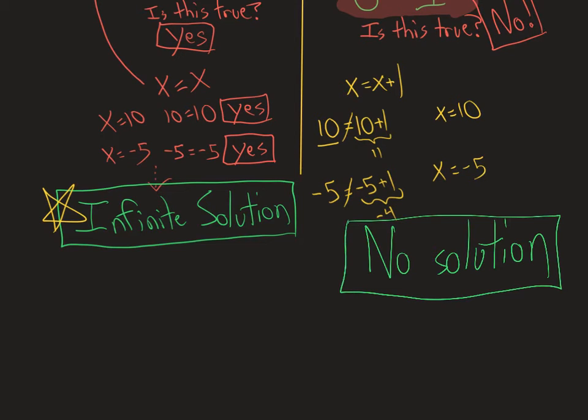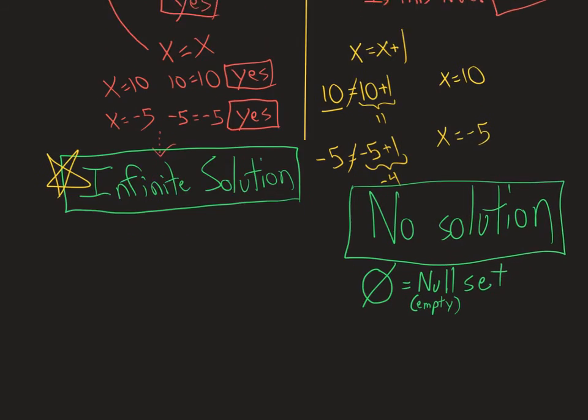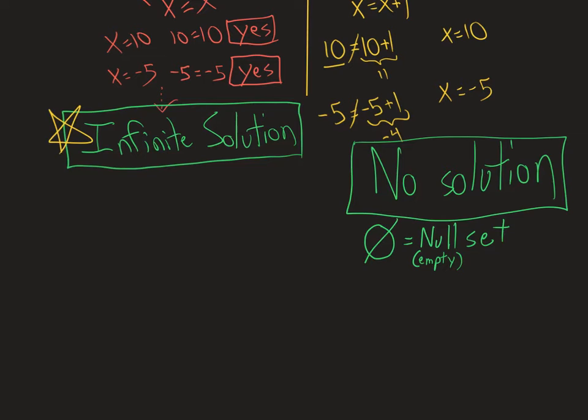Another way you might see that written is like this. A 0 with a line through it, that's called a null set. Null means empty. And when we talk about a set, that's the notation where you're solving some type of equation, some type of function, and you end up with a set of possible solutions.